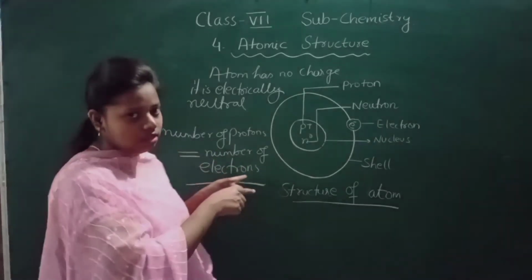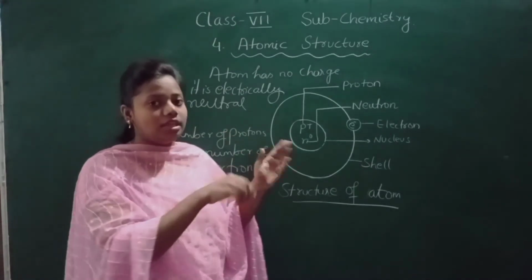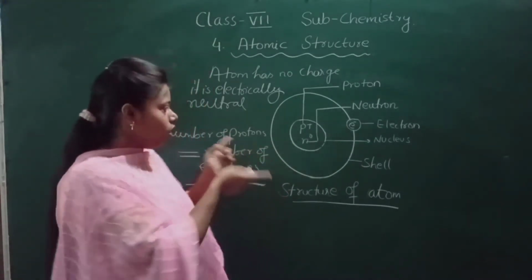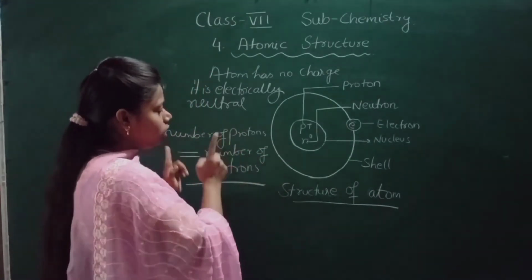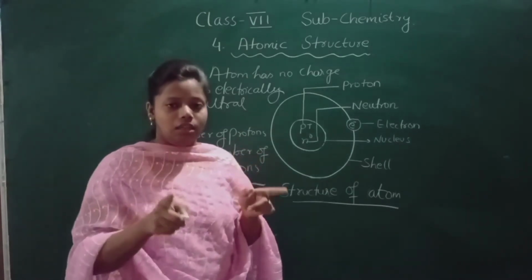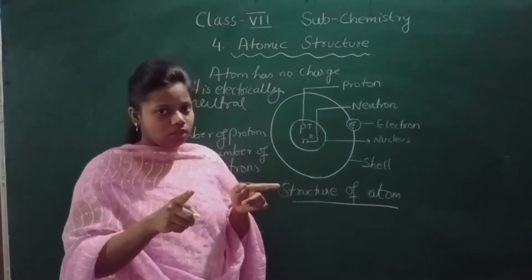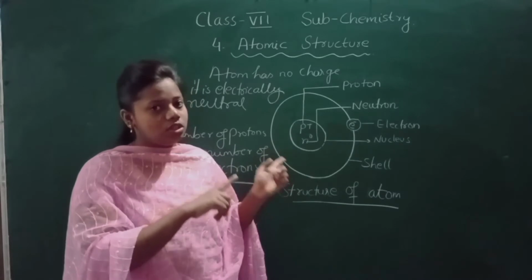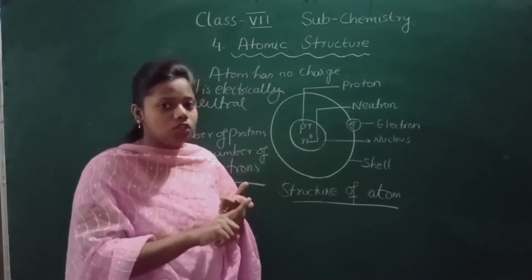This is the reason why atom as a whole is electrically neutral, because number of protons and number of electrons are same. So it has no charge. Atom as a whole has no charge.